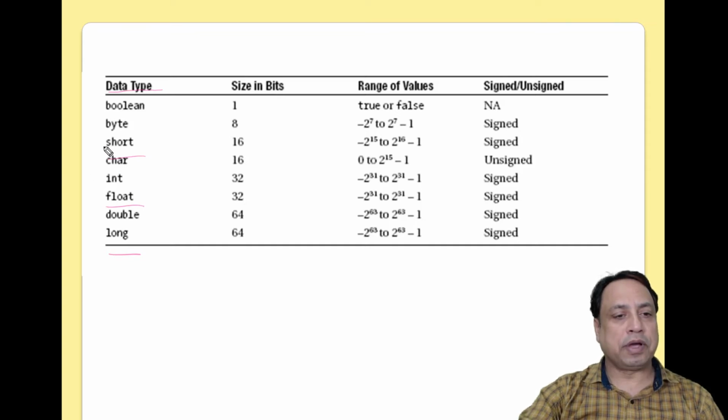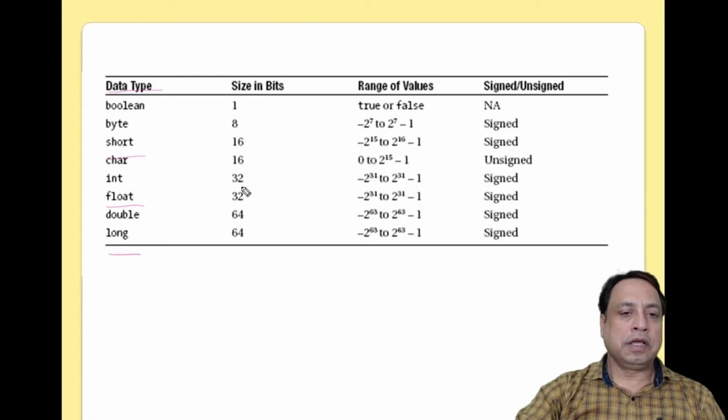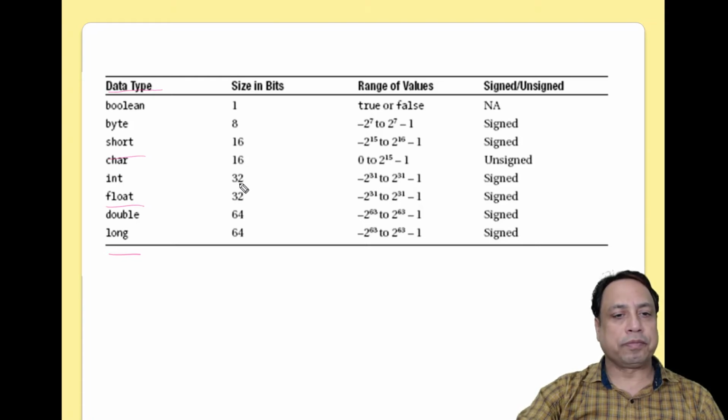There is a data type short, which is exactly the same as what is termed int in C language. So it is taking 2 bytes. A char is taking 2 bytes in Java as compared to a C language char, which was taking 1 byte. An int in Java is consuming 32 bits, which was a long in C language.